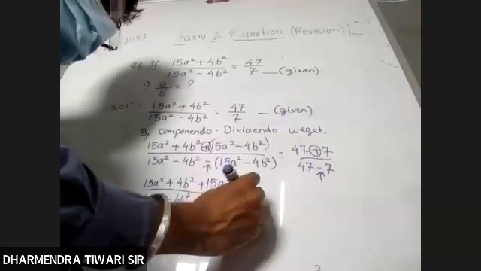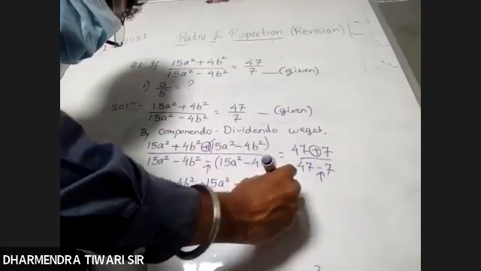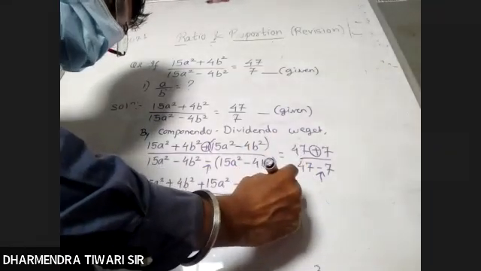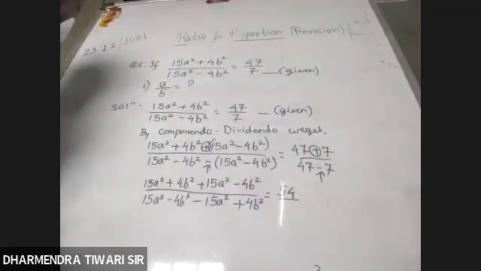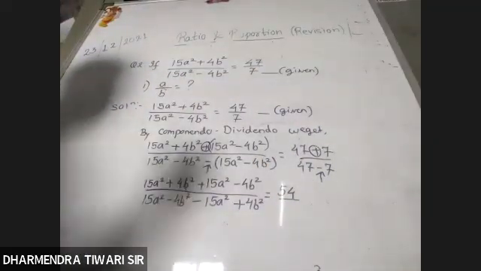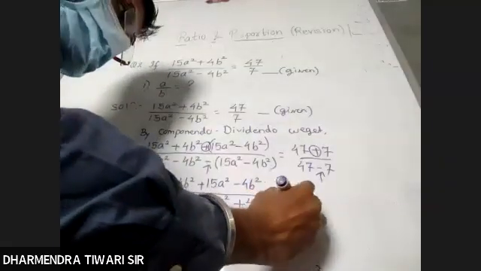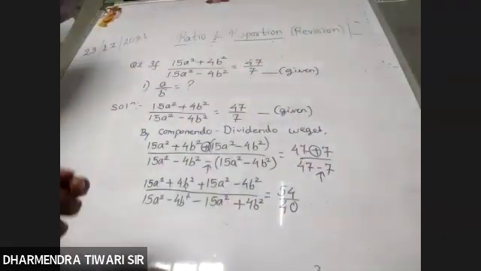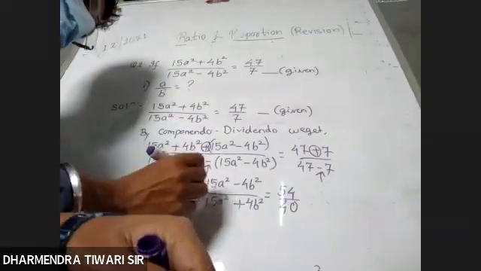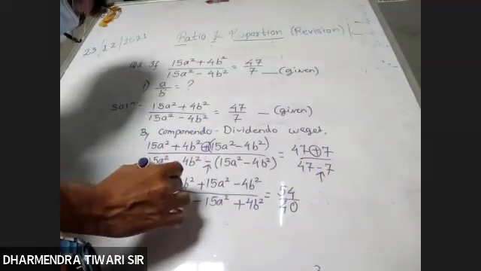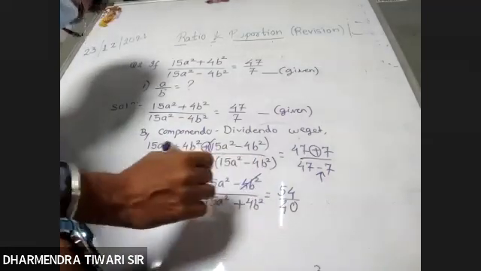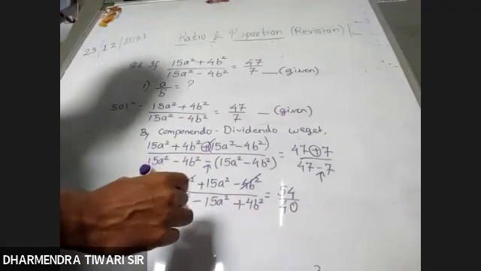Opening the bracket, it becomes plus 4b square. 47 plus 7 is very clearly 54, and 47 minus 7 is 40. I don't think you have any doubt in this. Now the terms with opposite sign get cancelled. You can see the 4b square and minus 4b square become 0.